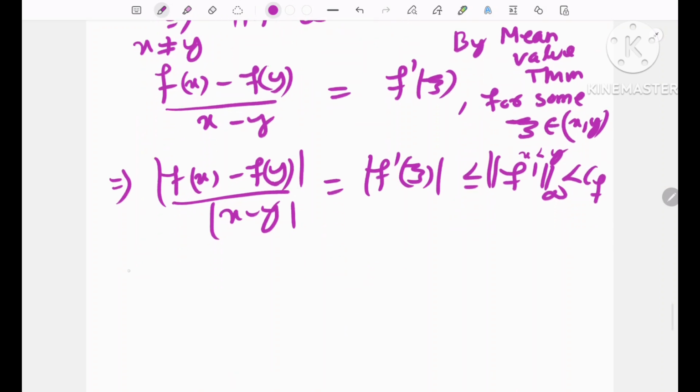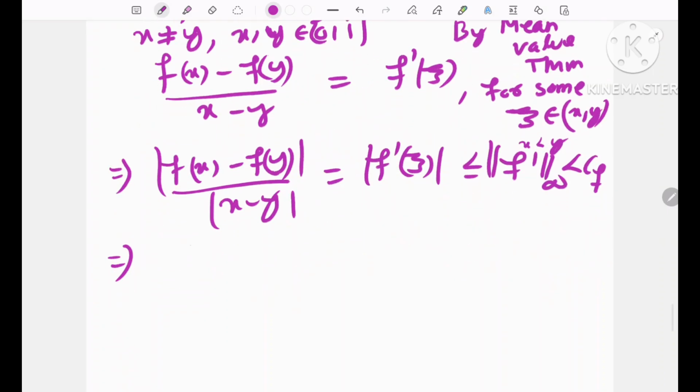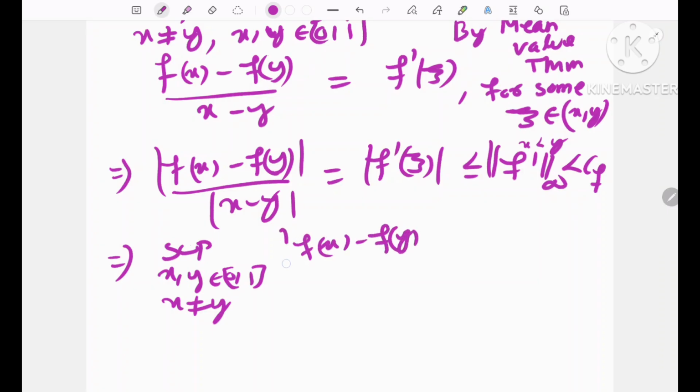Then we take the supremum over x and y belonging to [0,1], x not equal to y, of this quantity, which is less than or equal to Cf.